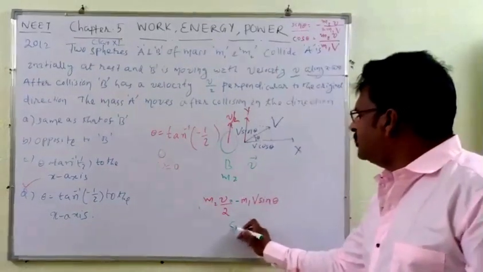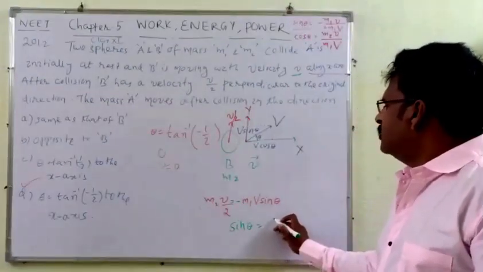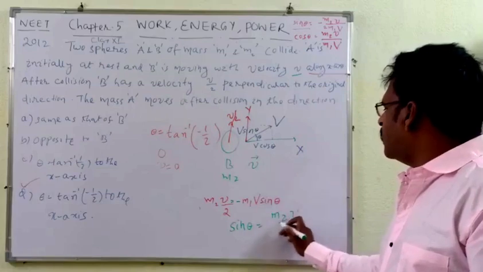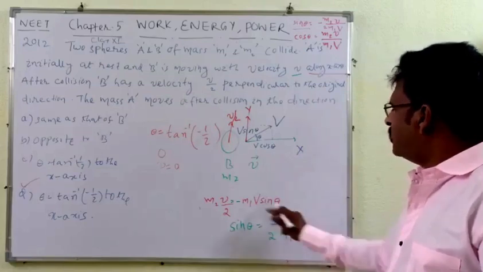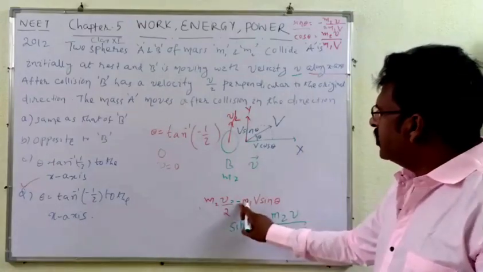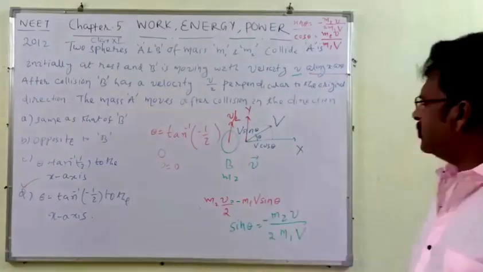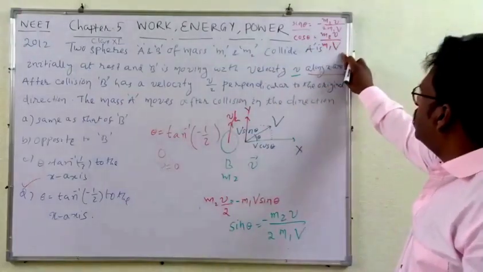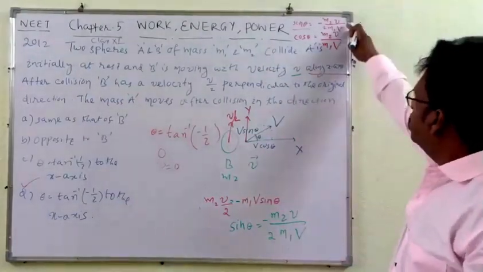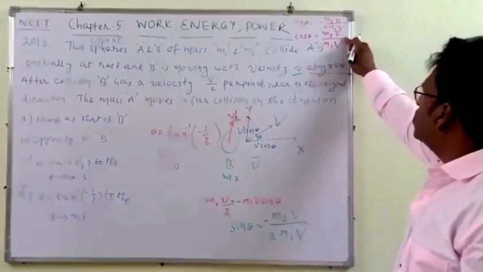What is sin theta? Sin theta becomes m2 V by 2 m1 V, this V will go, but there is a minus sign, so we will write here minus. And here cos theta is given m2 v by m1 v, sin theta is minus m2 v by twice m1 v.